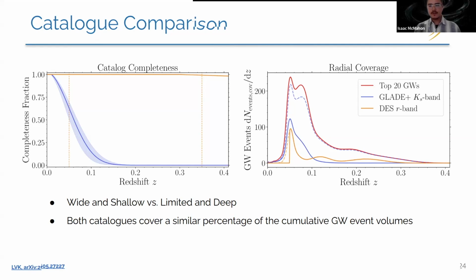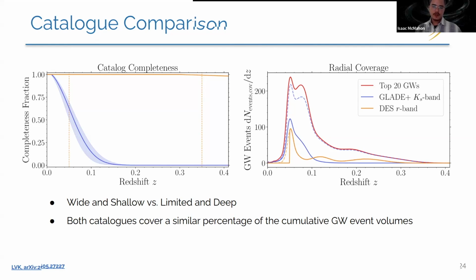On the right-hand plot, I want to go into a bit of an explanation about what this is saying, because it's also consequential for the results. This is a plot of the GW event distribution in redshift. So in the red line here, these are the distribution in redshift of the best 20 gravitational wave events that we have.